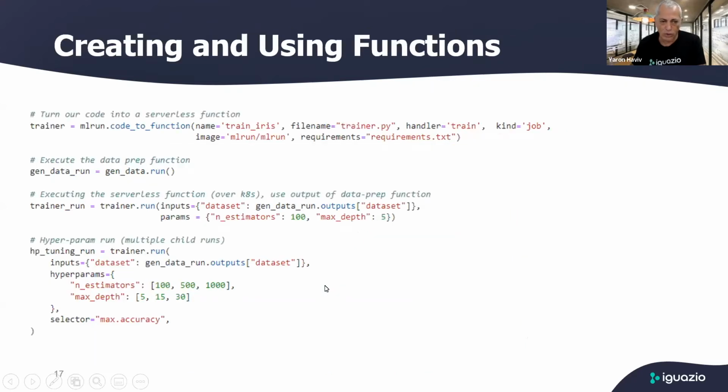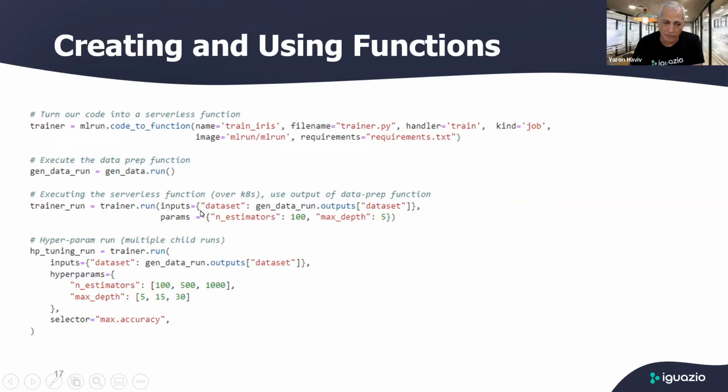So how does it work? Once I created this function, this trainer.py function that we've seen before, I could just turn it into a microservice using a single API call, code to function. And then when I have this serverless function, I can just say run. It will execute this function, or I can execute it with different parameters like data or other parameters.